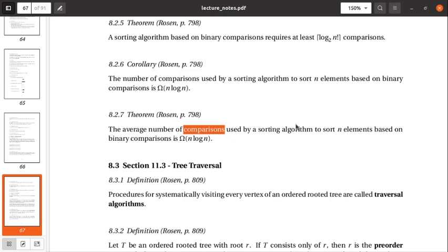So perform the test, and if you need to swap, then you make the swap operation. You create a temporary variable to hold location A's value. You assign value B to location A, and then you assign what was in location A to location B. Right? And so then you're performing 3 additional operations whenever you do that.